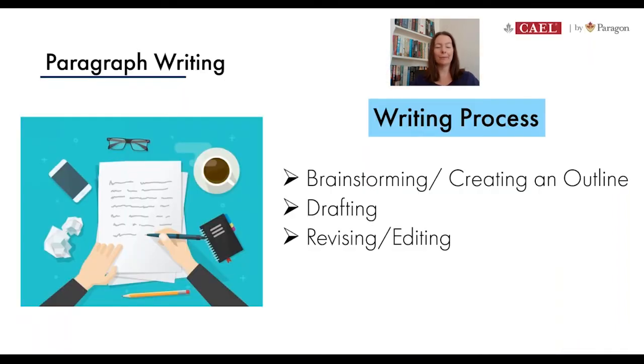So any writer, no matter how experienced they are, usually follows a certain three-step process before they begin to actually write. It's really important to think of your ideas and organize them first in your mind, which we call brainstorming. And then on a piece of paper or on a computer laptop, you can type out some ideas or you can write them down by hand, but do take about 3 minutes or maybe 4 minutes to create an outline.